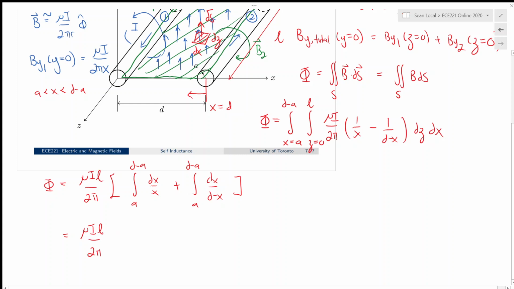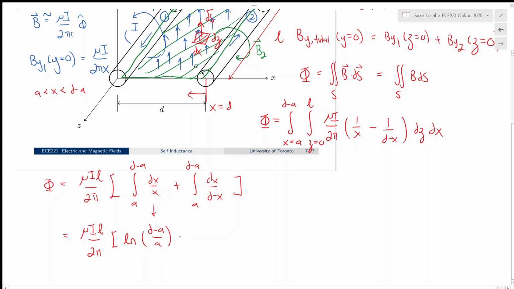So the first integral is just ln, or natural log, and we can evaluate that over the limits here. This is going to be the result of the first integral. For the second integral, we can make a very simple substitution. Let's say that u equals d minus x. Then we are basically integrating minus du over u.